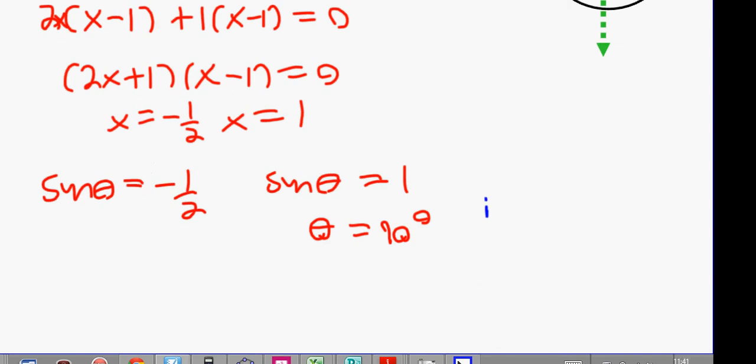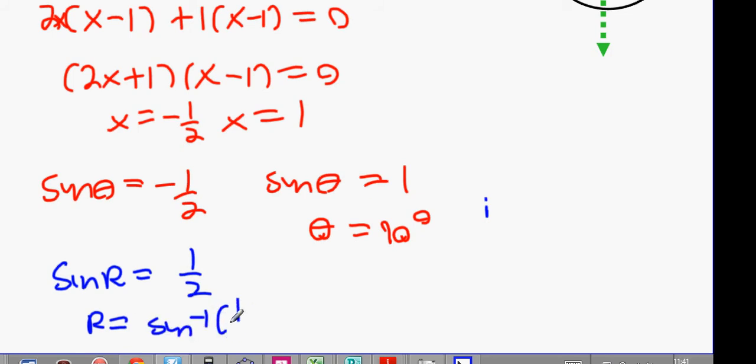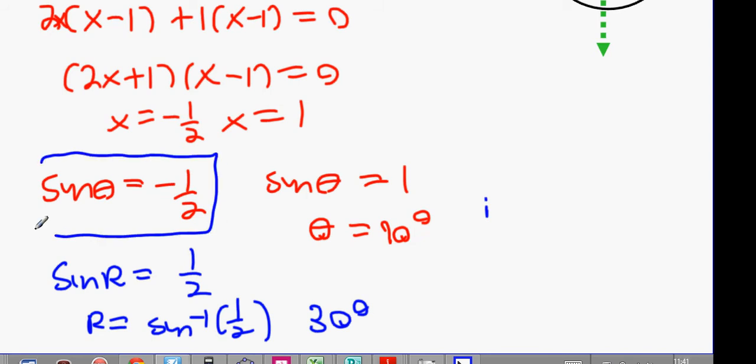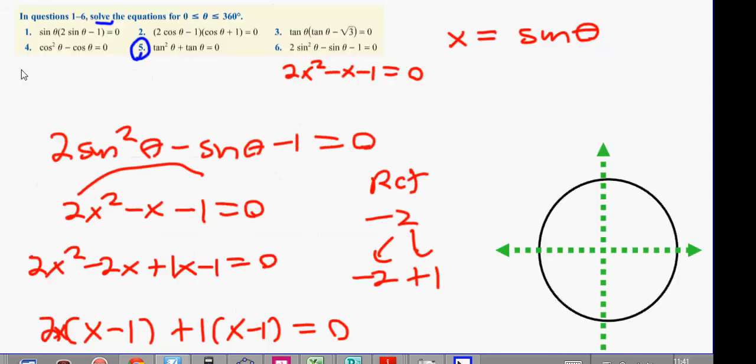What do we do when you see sine theta equals minus a half? What do we do? Sine of the reference number is plus a half. R equals sine inverse a half, and when you sine inverse a half, you should get 30 degrees, is it? Okay, 30 degrees. Sine is negative. What quadrants does this belong in then?